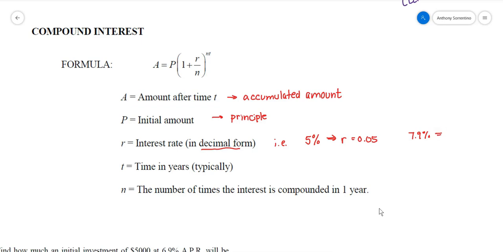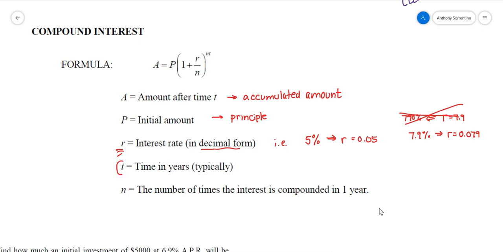I need to write it as a pure decimal. That means that R is 0.079. If I say R is 7.9, that's like saying 790% interest. It doesn't make any sense, and that's often because they put the wrong decimal in for a percentage.